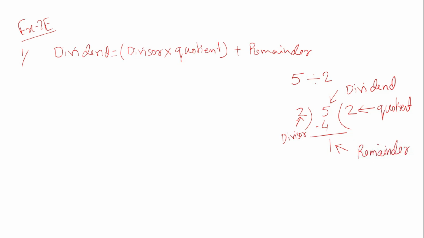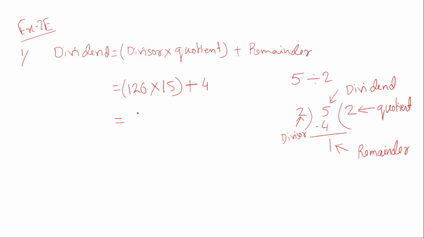So in question number 1, what do you have to find? We have to find the dividend. So let us put the values in the place. So divisor is 126 into the quotient 15 plus the remainder 4. So first we have to multiply 126 into 15.